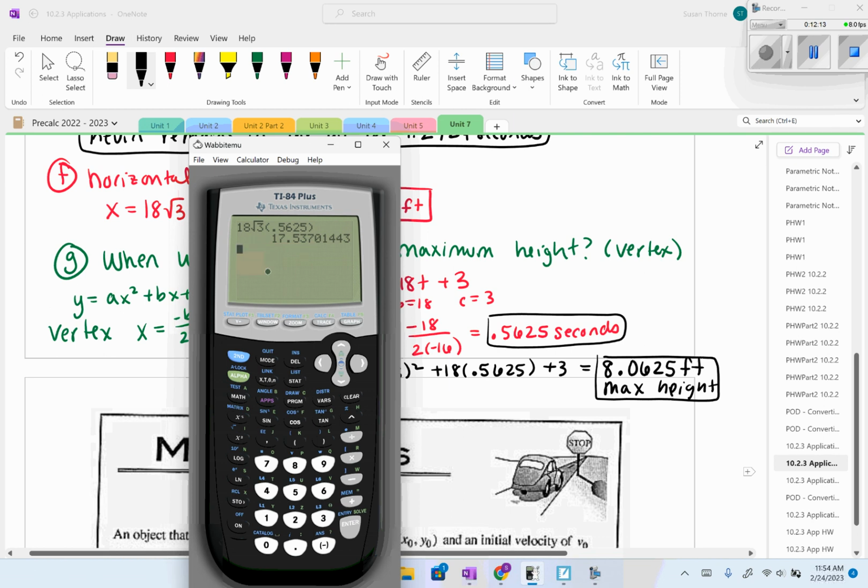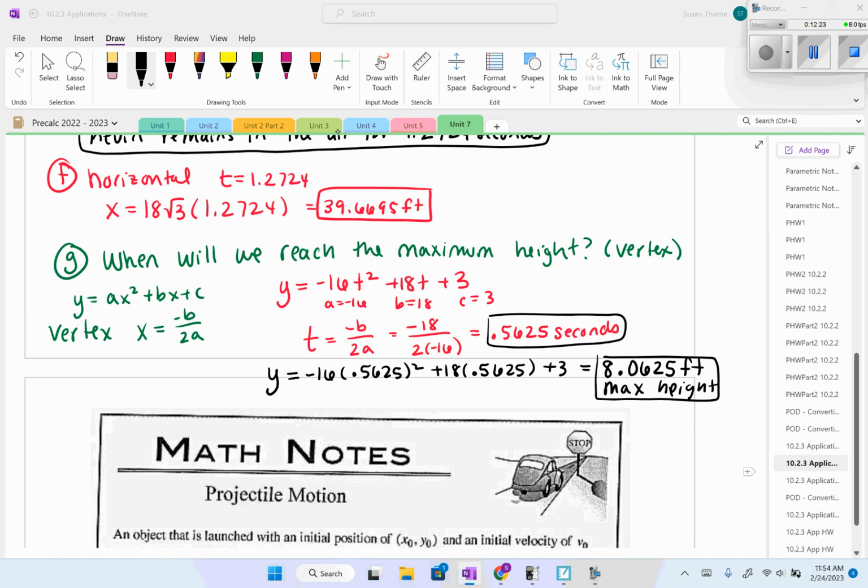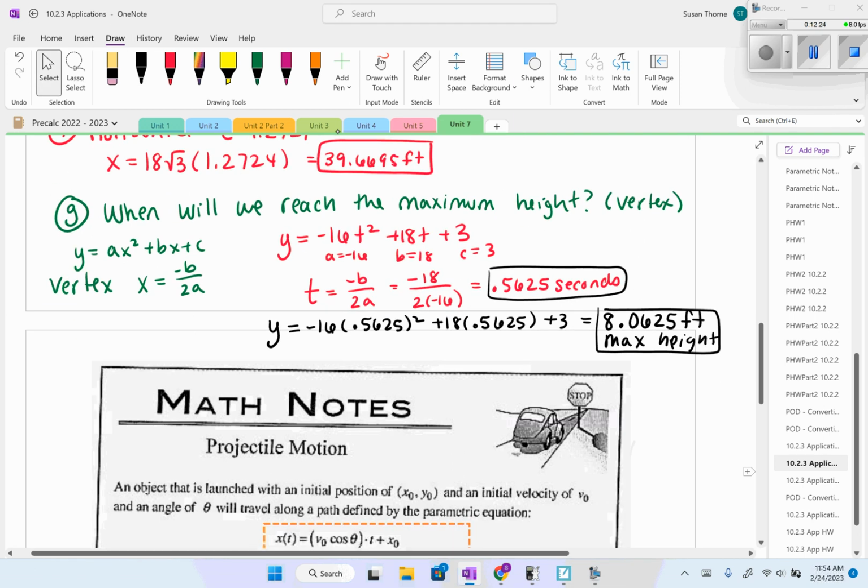So we know at that time we've traveled horizontally 17.537 feet and vertically 8.0625 feet. So let's look at the next part.